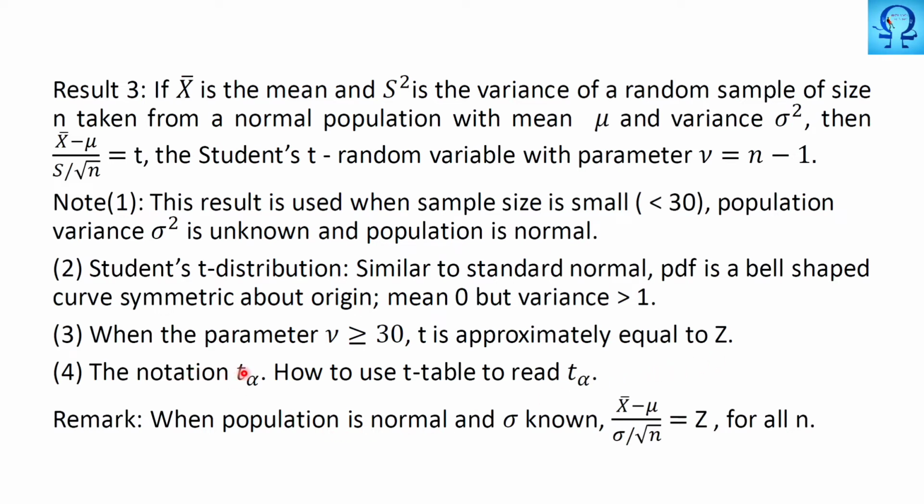This student t distribution with parameter nu is denoted as t alpha, where t denotes it is following student's t, and alpha is the level of significance.